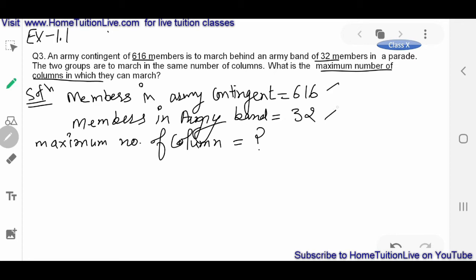So we have given two numbers. Which number is greater? 616 is greater. So we will solve it by Euclid's division algorithm.